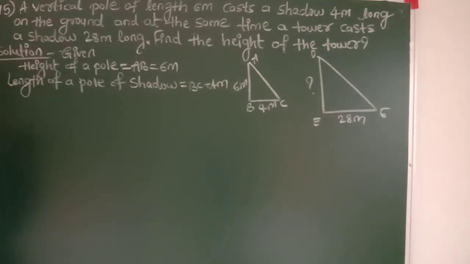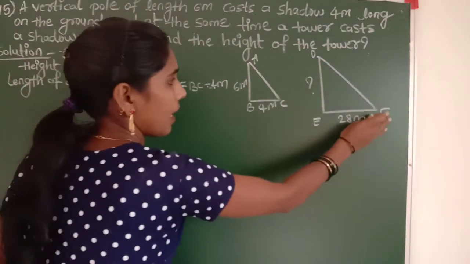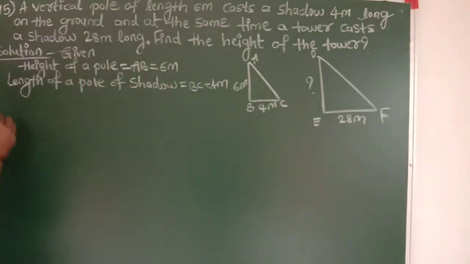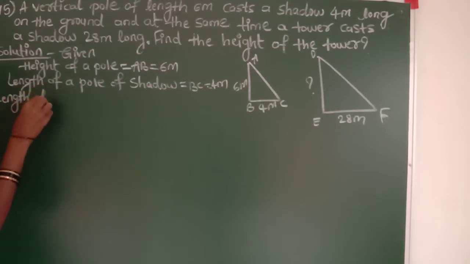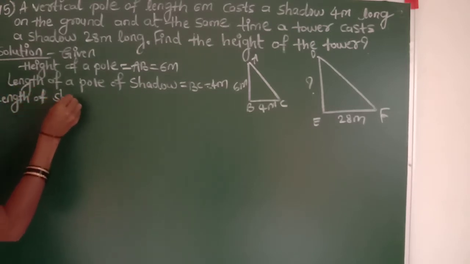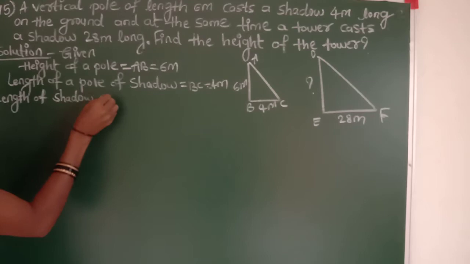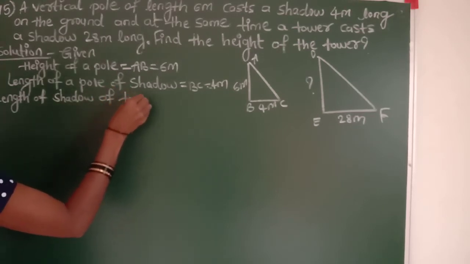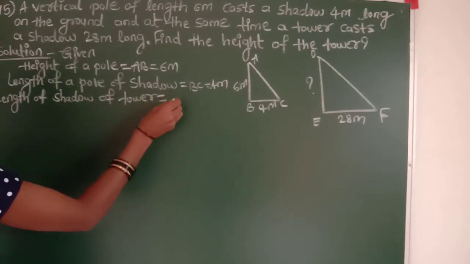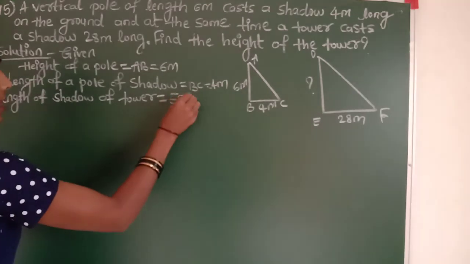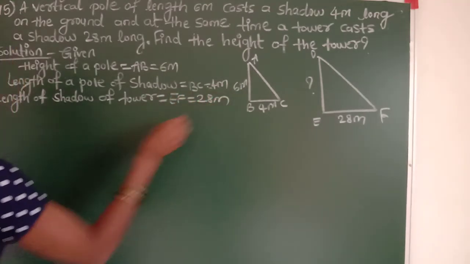And length of the shadow of the tower is given, EF. This is the length of the shadow of the tower, that is EF is equal to 28 meters.